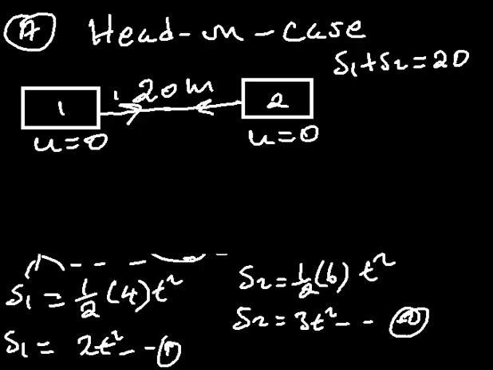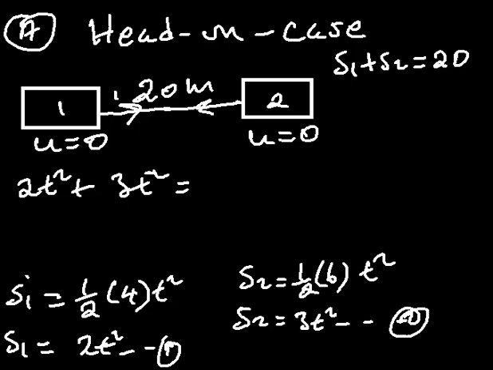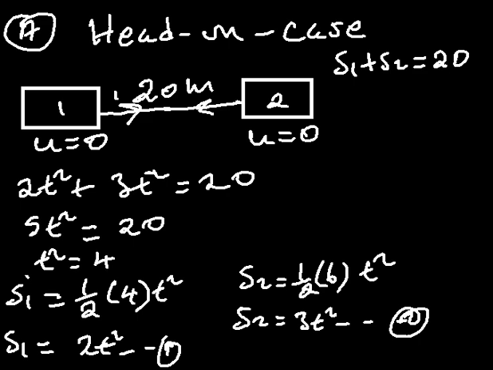So since S2 plus S1 is equal to 20, we substitute for S1, which is 2t squared, plus 3t squared, which is equal to 20. Collecting like terms, we have 5t squared equal to 20. Dividing both sides by 5, we have t squared equal to 4.